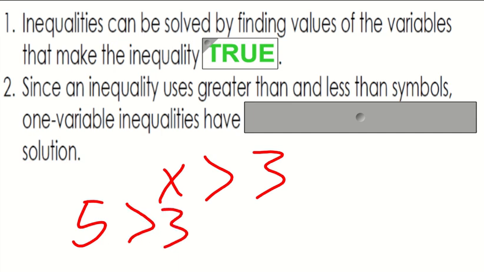Is that true? Yeah, so 5 would be a solution. If I said x is equal to 2, I would have 2 is greater than 3 if I did some substitution, right? Is that true? No, so 2 does not work as a solution, 5 does. Is 5 the only solution? Definitely not. That makes sense though?